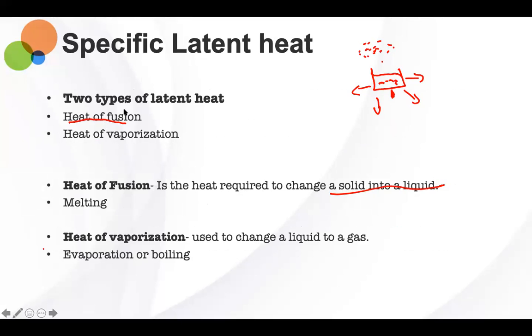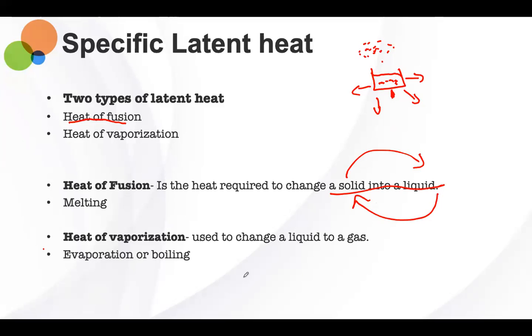All right. So you have two types of latent heat, right? And we said latent heat of vaporization and latent heat of fusion, right? The latent heat of fusion is the heat that is required to go from a solid to a liquid, right? And essentially the same thing, it goes this way, a solid to a liquid, and it also goes from a liquid to a solid, right?